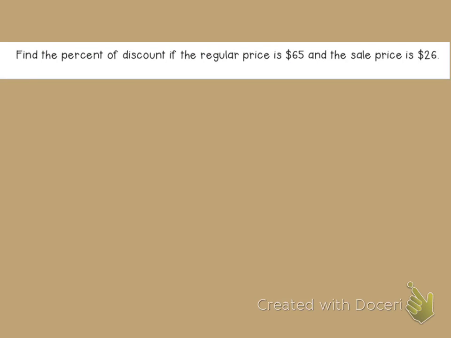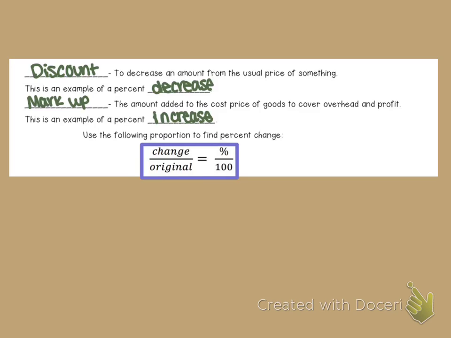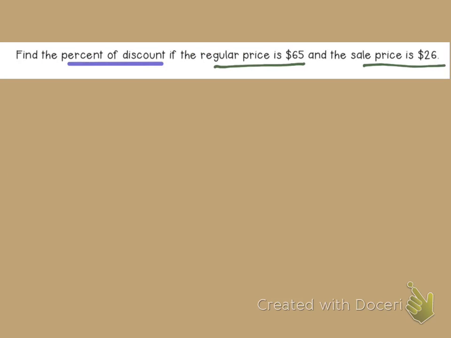Our first problem says to find the percent of discount if the regular price is $65 and the sell price is $26. So if we look back here, it's change over original equals percent over 100. So we're going to write that right here.